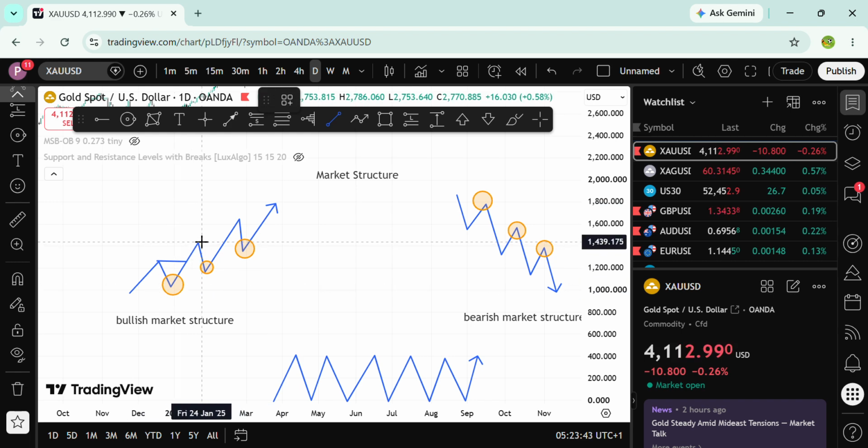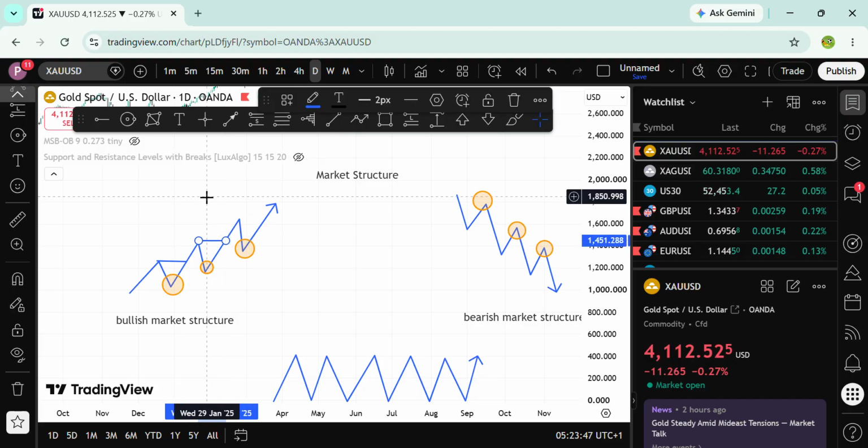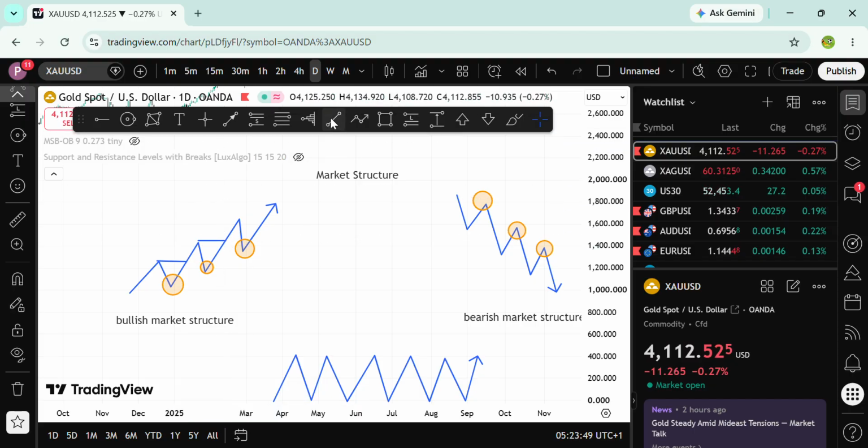All these things are given a name as well, but I'll cover that in our next class. You can see the new positions creating new highs above the previous high. That's why it's called bullish. While this one is creating new lows below the previous low.